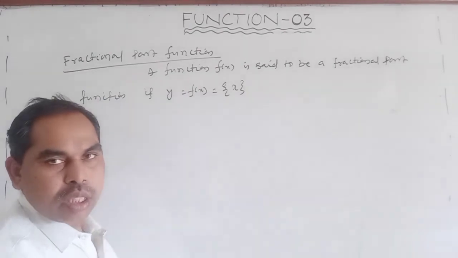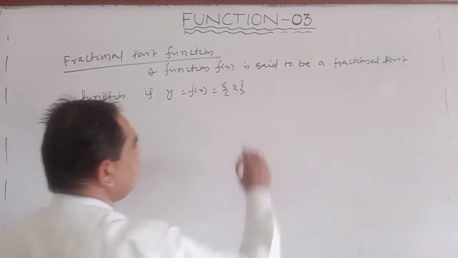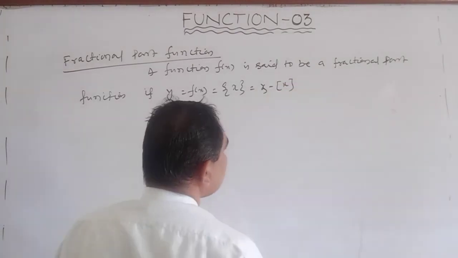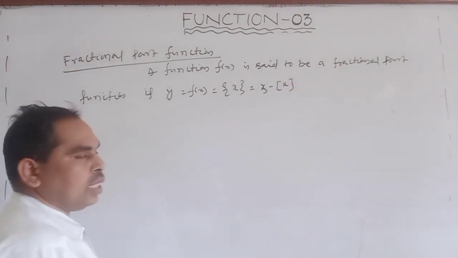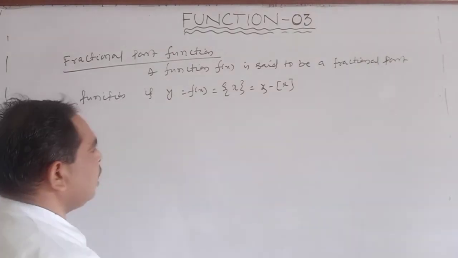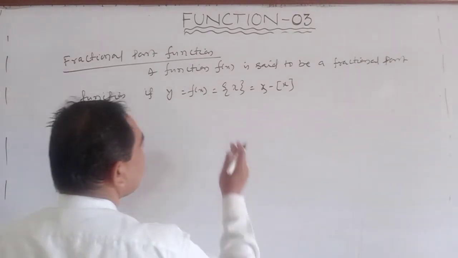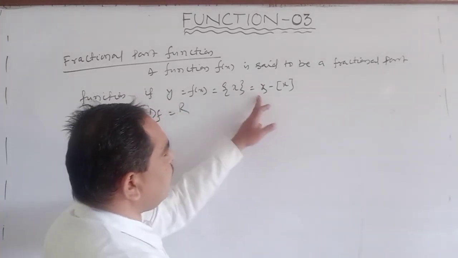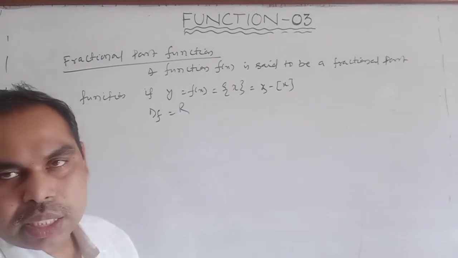It is denoted by curly bracket x is equal to x minus square bracket x. Defined as x minus square bracket x. Okay, so the domain of f is the real numbers R, meaning we can put x as any real number.